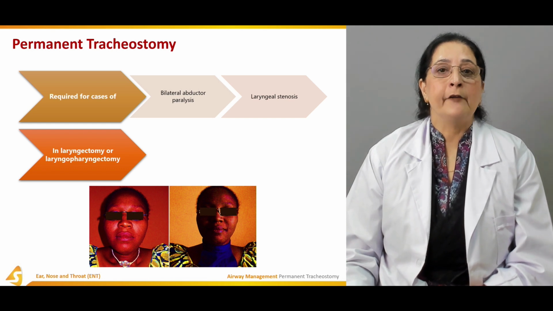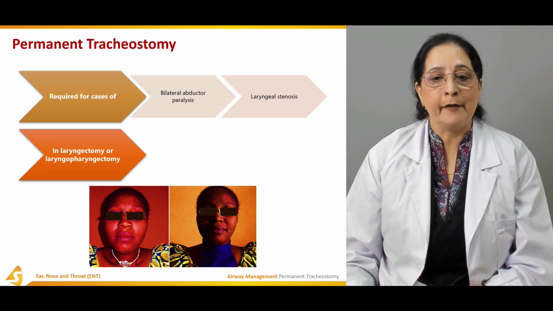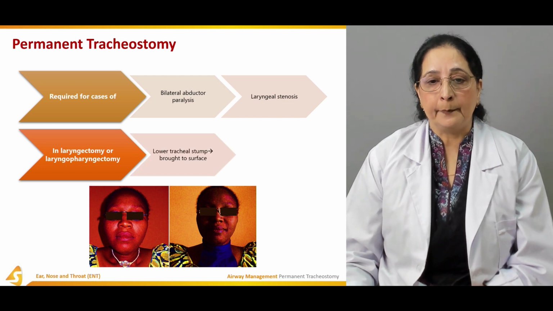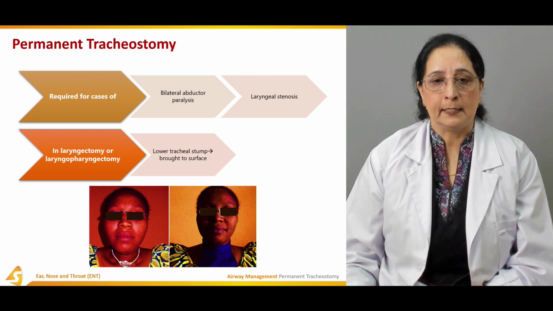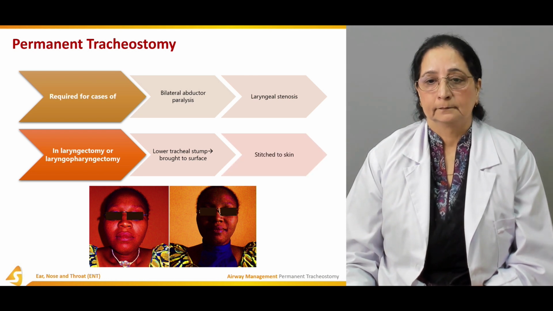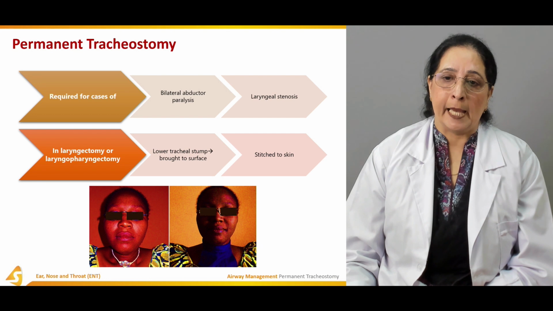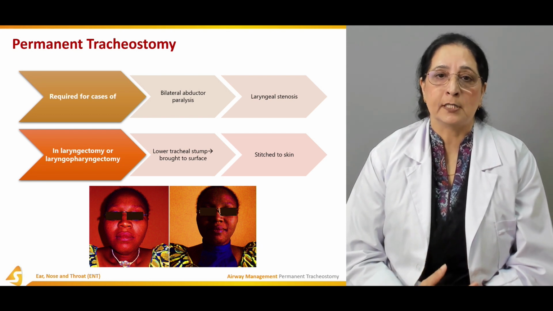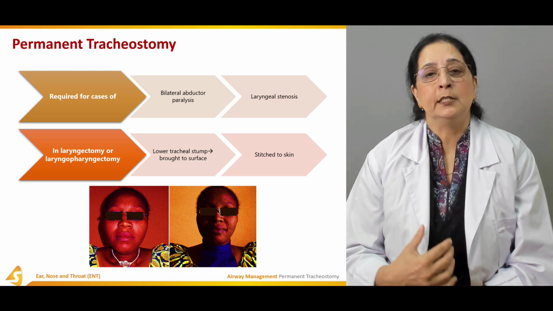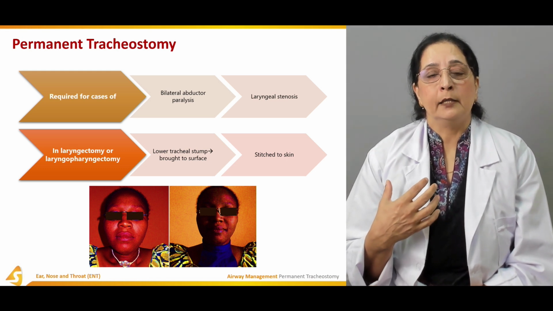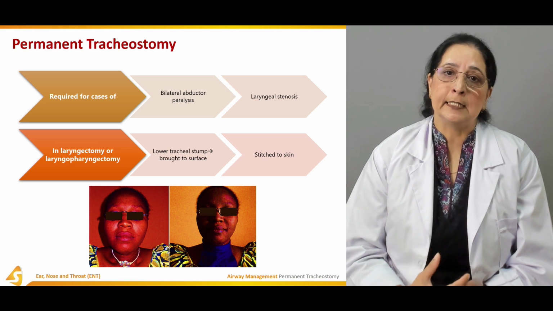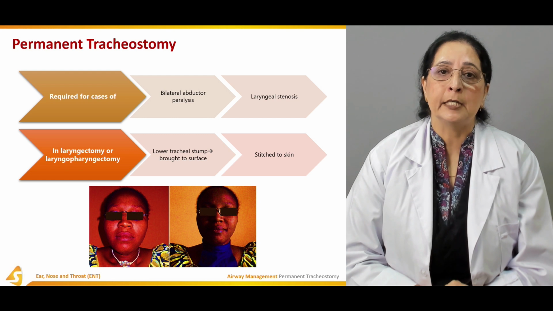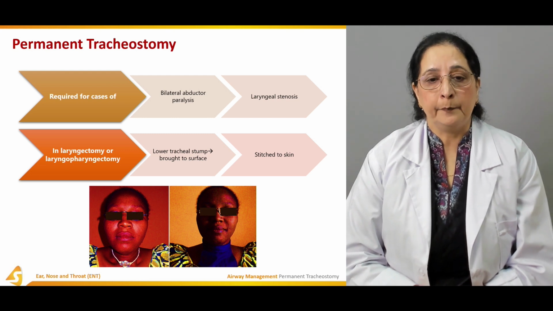Also, in laryngectomy or laryngopharyngectomy, the lower tracheal stump is brought to the surface and stitched to the skin. So we need the permanent tracheostomy in conditions in which there is bilateral paralysis, or if there is stenosis of the larynx.